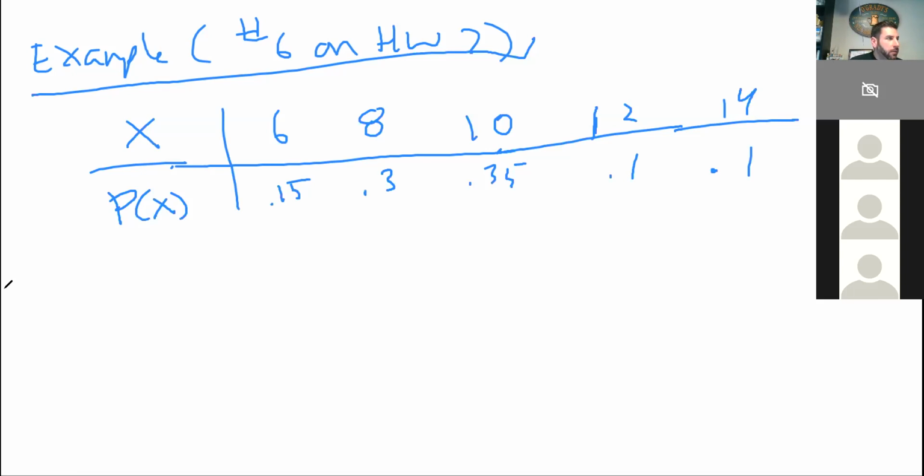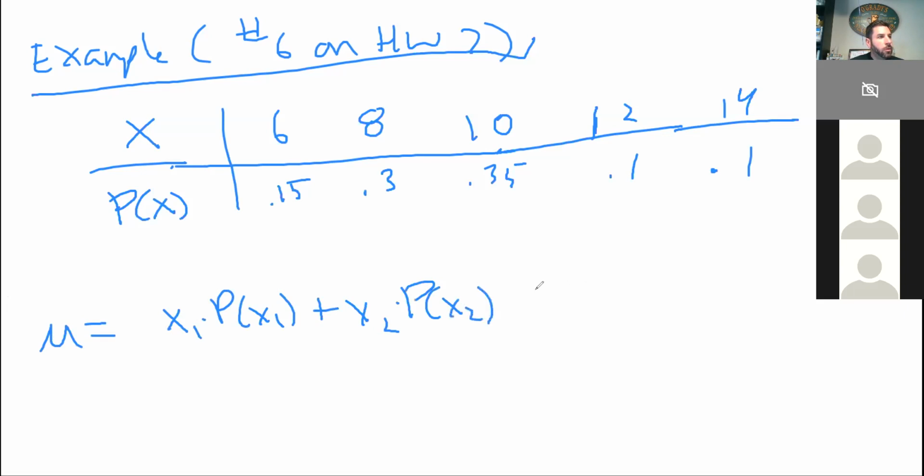So what's the mean? How do you compute the mean? Well, the mean is just x1 times the probability of x1, plus x2 times the probability of x2, all the way up to the last one. There are 5 of them here, so I'll call it x sub 5, p of x sub 5.